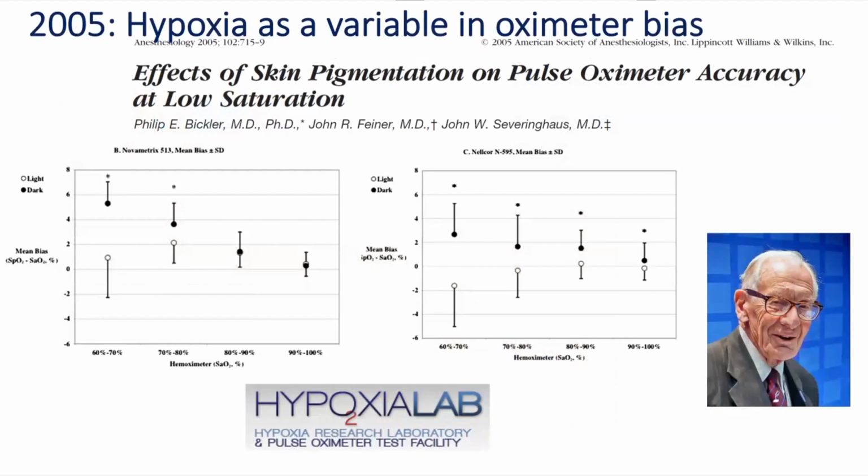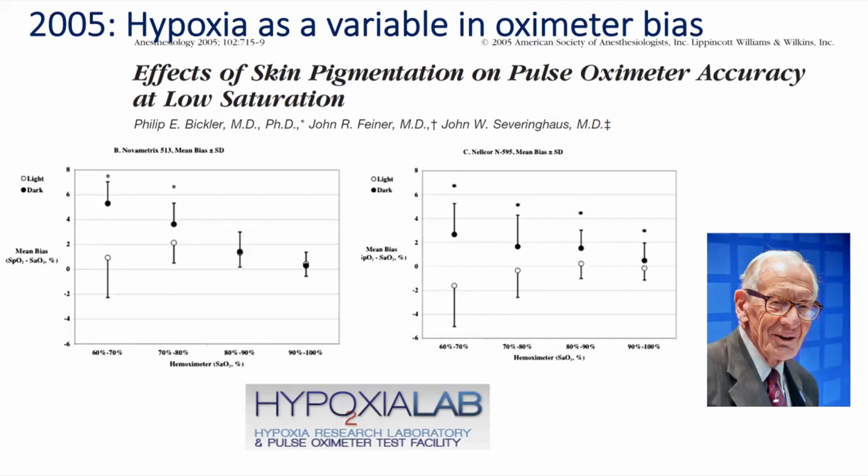An important part of the background of this study was the work that we published in 2005, in which our group was really the first to look in detail at the issue of skin pigmentation in pulse oximeter errors. It had been published previously, but no one had really done a detailed laboratory analysis where you could control a lot of the variables that could produce errors.